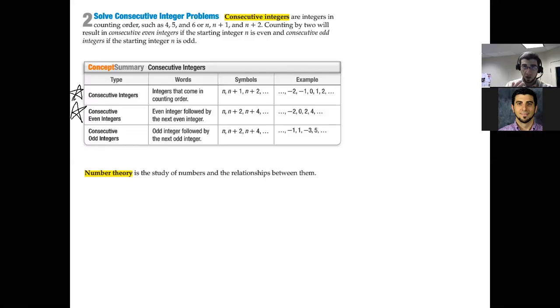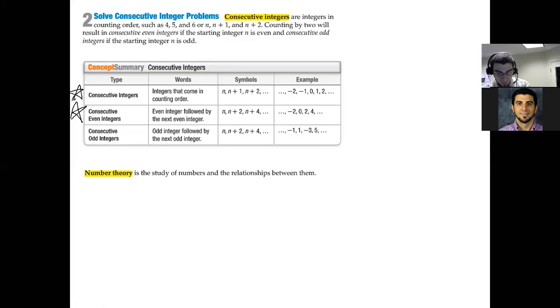So let's say you start at a number that's even, call it n. The next even number would be 2 up from that, so you add 2. And then the next one would be 2 more up from that, so you're actually 4 away from the original one. Then the next one will be 2 more than that, so you're adding 6, because you're 6 up from the original one, okay?